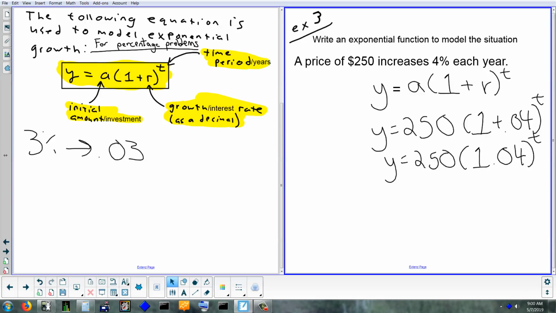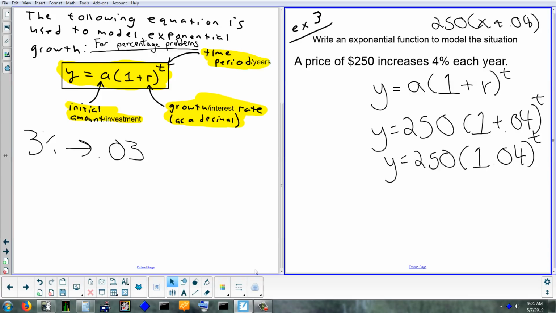So all I did was, now Donovan, if it was something like 250x plus 0.04, then I would distribute. But here I can combine those two things. All right? So do you want us to simplify this to 250 times 1.04?